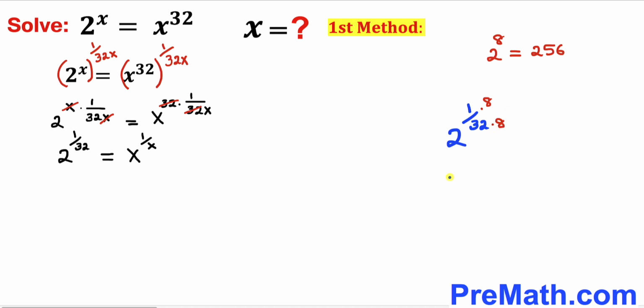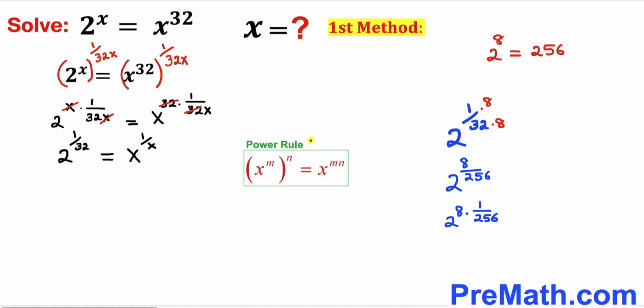So we are going to get 2 power 1 times 8 divided by 8 times 32, which gives us 256. And we can write this as 2 power 8 times 1 divided by 256. It doesn't make any difference whatsoever.